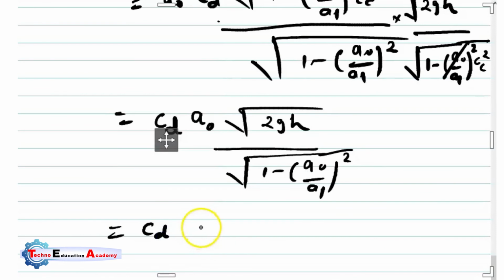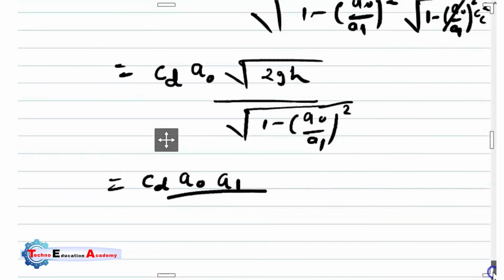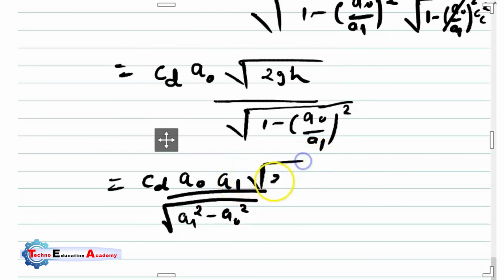So CD A0 A1 divided by A1 square minus A0 square under root. Here A1 is in the denominator, so we can multiply the A1, and the multiplication of the 2gh is similar. Further simplify the equation.